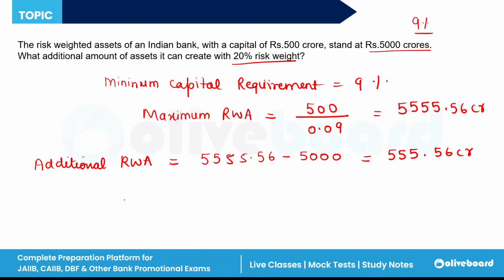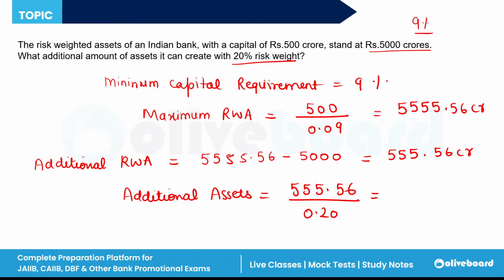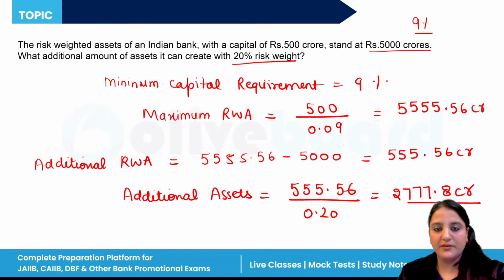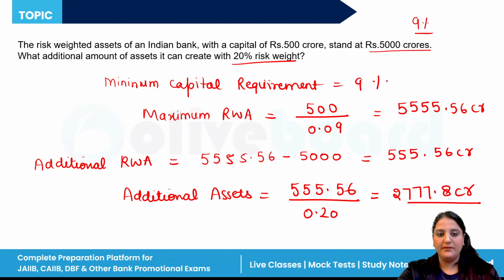So additional assets are 555.56 crore divided by 0.20, which is 20%. So it is equal to 2,777.8 crore. So the bank can create 2,778 crore of new assets, right? So this is the way to calculate. I hope that you get this.